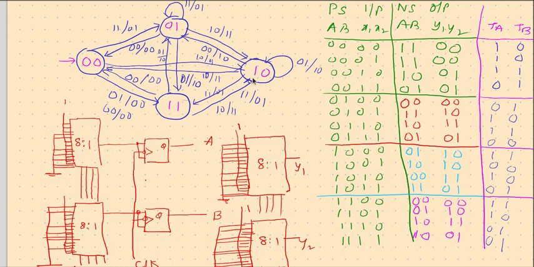And if the input is 11, the next state is 10 with output 01, and that's it.